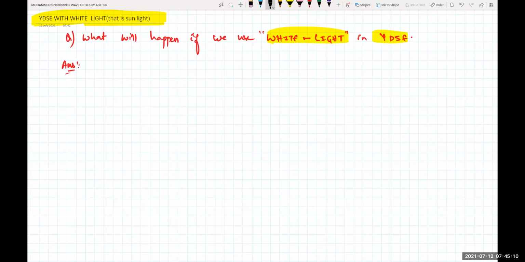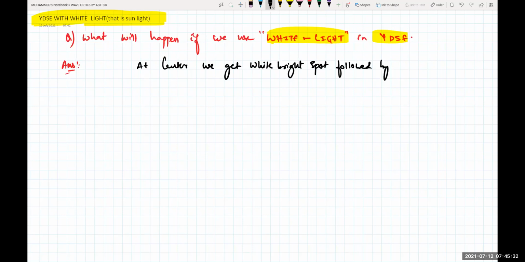So at the center we get a white bright spot, followed by reddish white, then followed by bluish.